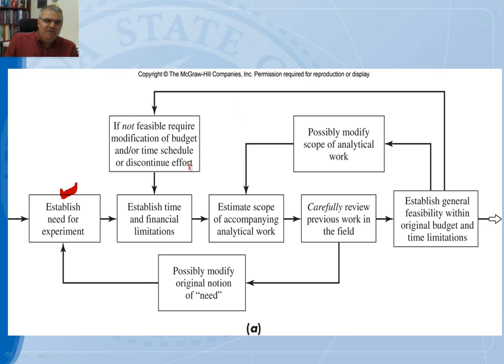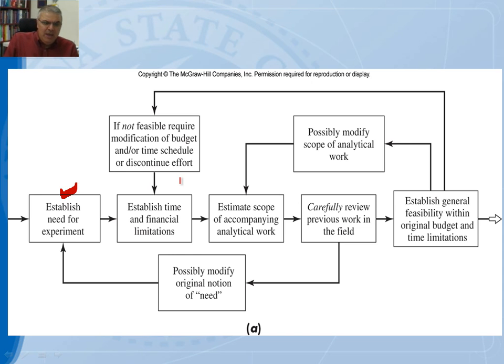If it is not feasible, then what happens? Well, you need to somehow reduce the scale of the experiment if we can, or in some cases the experiment cannot be done, because not every experiment can be simplified.